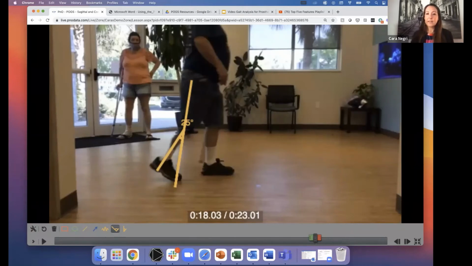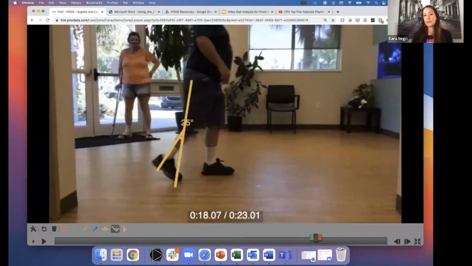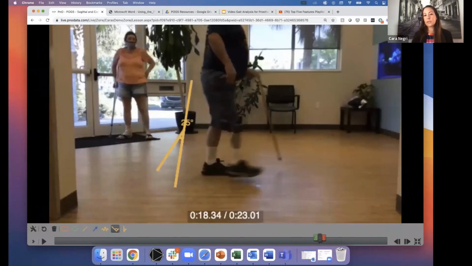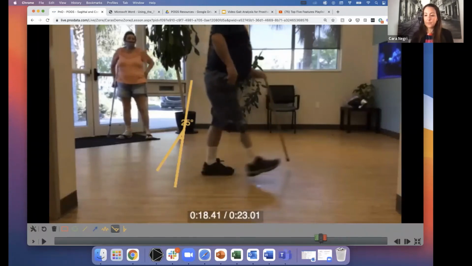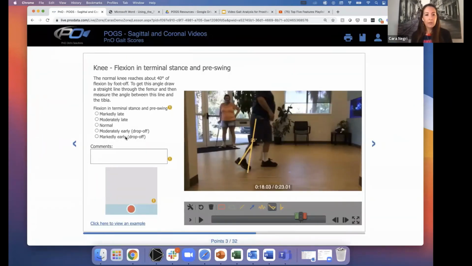He's kind of waiting until he's just about to pick up that foot off the floor. So he's not going through any flexion there. He's starting a little bit there, and then he's really initiating just as he goes through swing. So I'll go back to my measurement here, take that screenshot, and I'll just say it's a little bit late, moderately late.